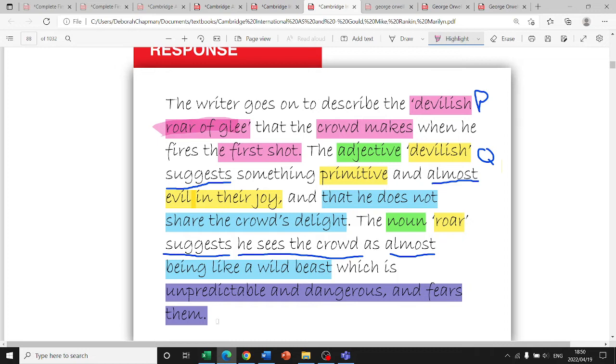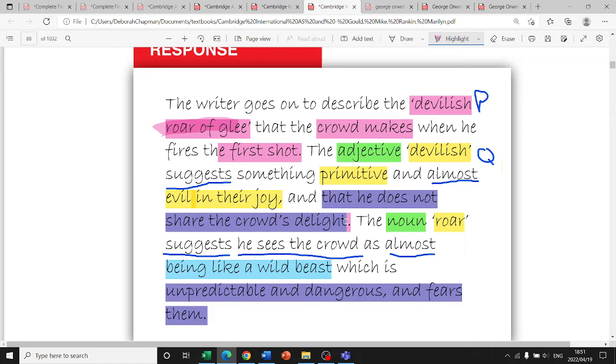But you'll notice that the student here, where we at GCSE level might have finished, the adjective devilish suggests something primitive, and perhaps almost evil in their joy. That's GCSE. Here we go on to give that deeper interpretation, that he does not share in the crowd's delight.